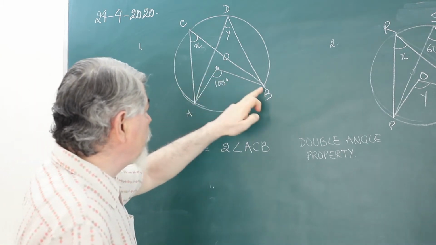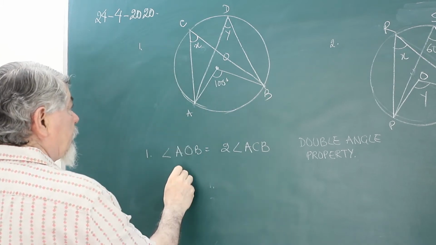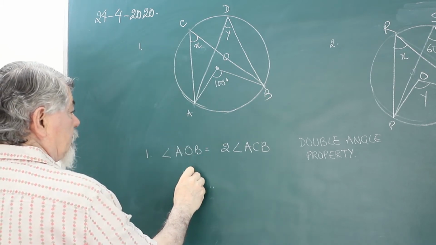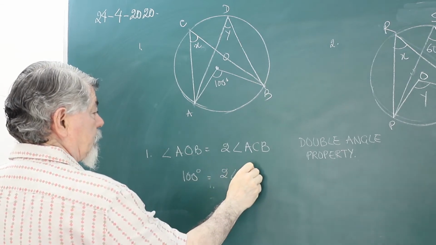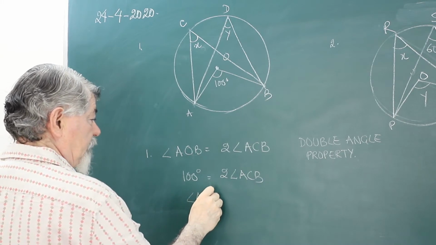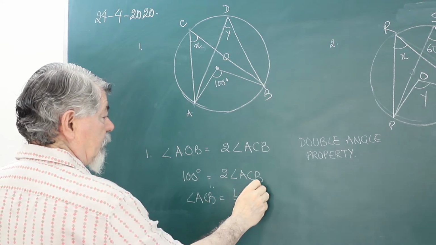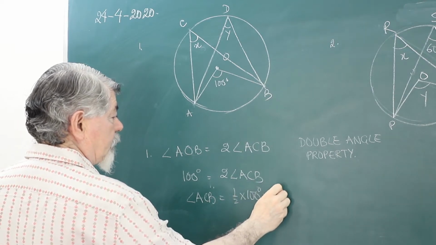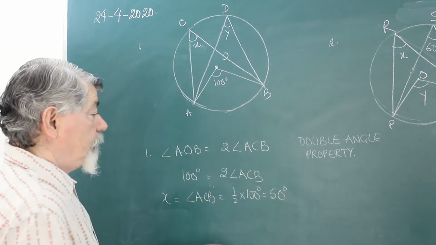So angle AOB is double of angle ACB. AOB is how much? 100. It is double of ACB. So ACB will be how much? Will be half of 100. That will be 50 degrees. So we calculated the value of X to be 50 degrees.